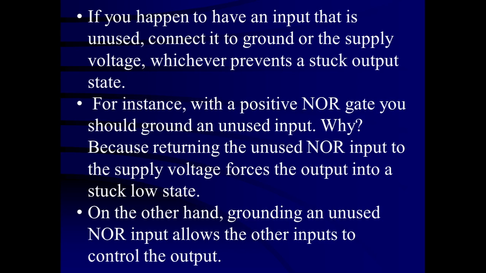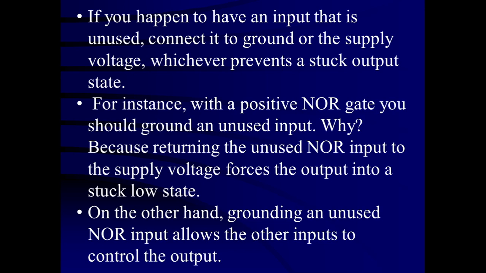This is called the stuck state. For instance, with a positive NOR gate, you should ground an unused input. If it is grounded, then the output is not going to be affected by that input, and there cannot be excessive gate voltage at that input, and hence the rest of the inputs can control the NOR gate. That's why in a NOR gate, an unused input should be grounded.